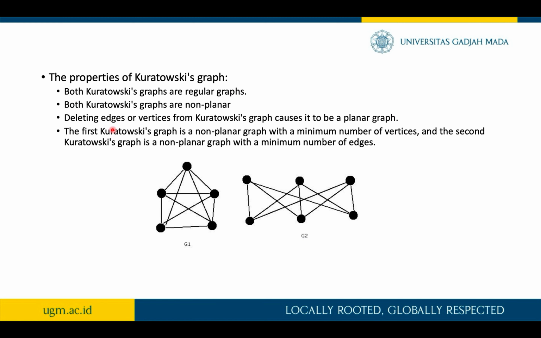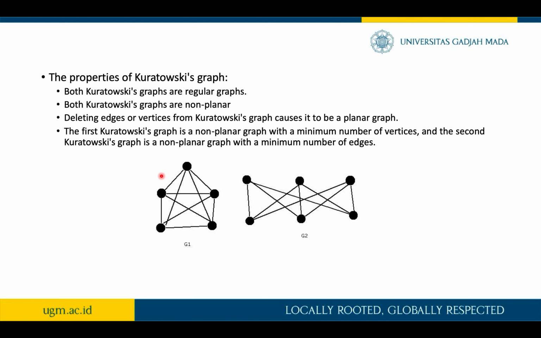If we delete edges or vertices from a Kuratowski graph, then we can have a planar graph. For example, for K5, we have two edges that intersect, as we saw in the previous slides. If we just delete one of the edges, then we will have a planar graph.